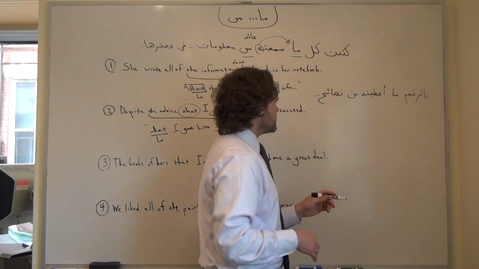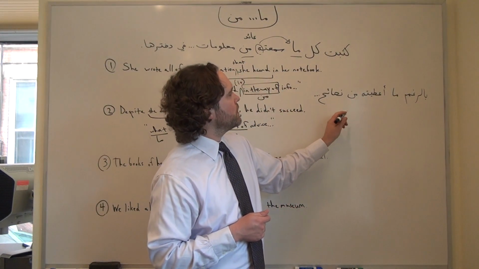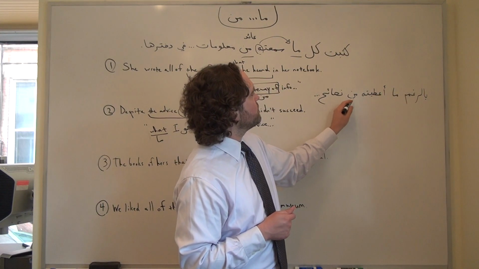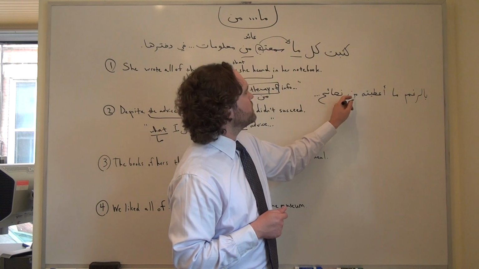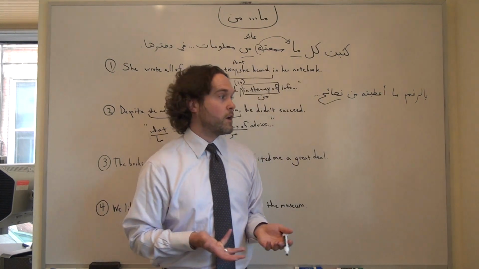I won't complete that sentence because it's a bit long, but I can phrase it بالرغم ما أعطيته من نصائح, despite what I gave him in terms of or in the way of advice. That's how we could phrase that sentence in Arabic.